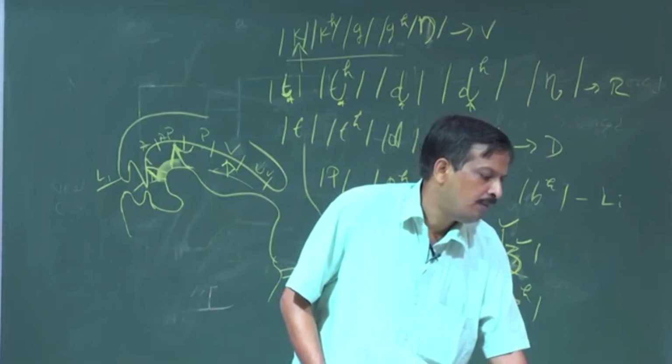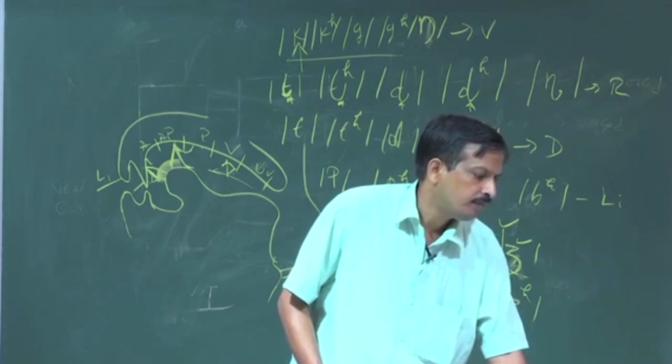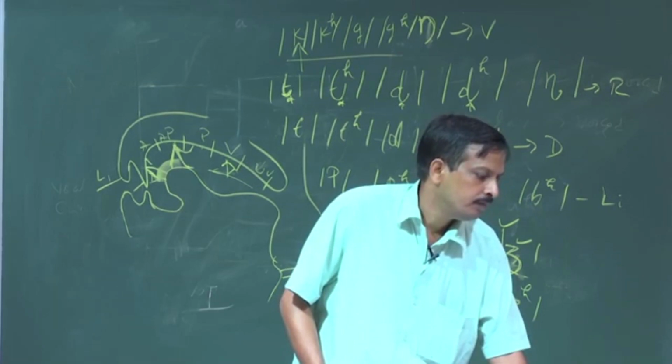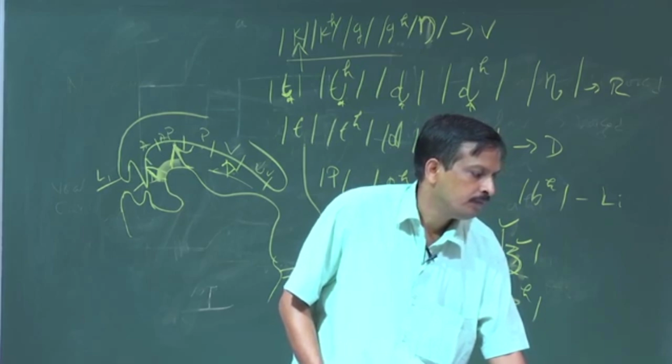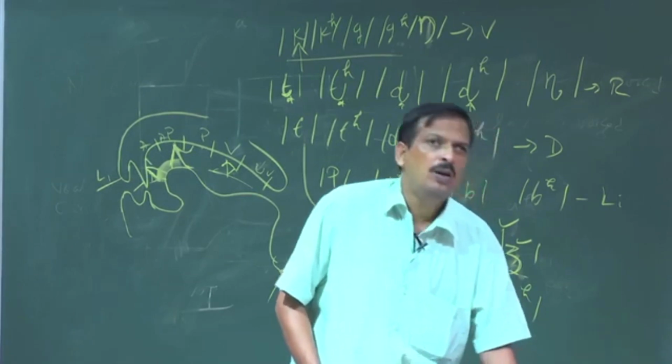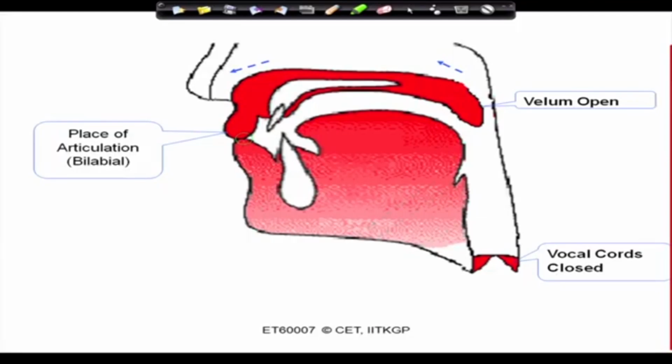Now, I will show you some pictures. Okay. So, if somebody gives me this picture and asks which sound this probably is, I can say this is nothing but a voiced bilabial stop.